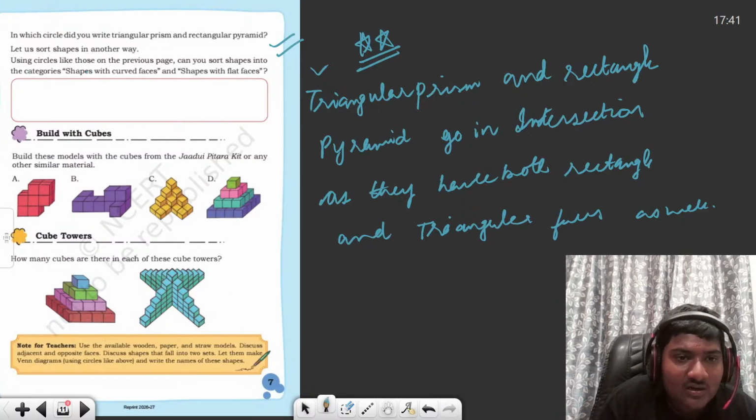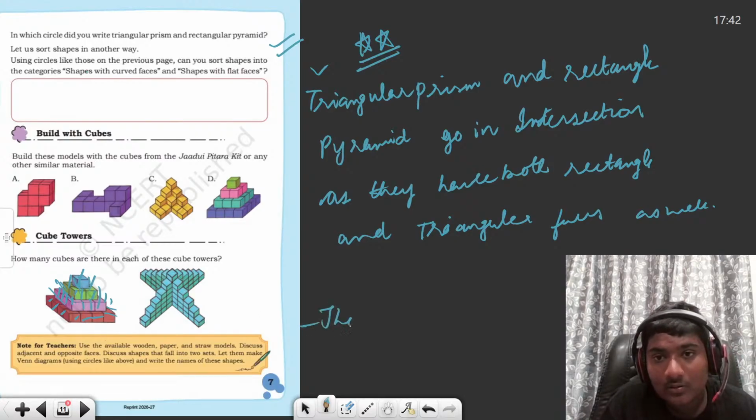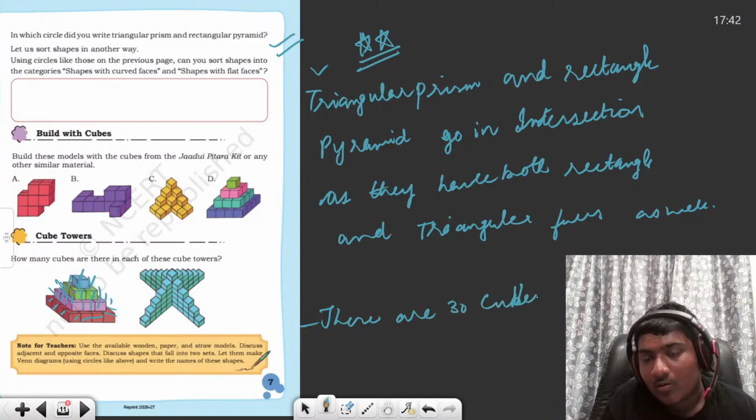In the first cube tower, imagine 1, 2, 3, 4, 5, 6, 7, 8, 9, 10, 11, 12, 13, 14, 15, 16, 17, 18, 19, 20, 21, 22, 23, 24, 25, 26, 27, 28, 29, 30. There are 30 cubes in the first tower.